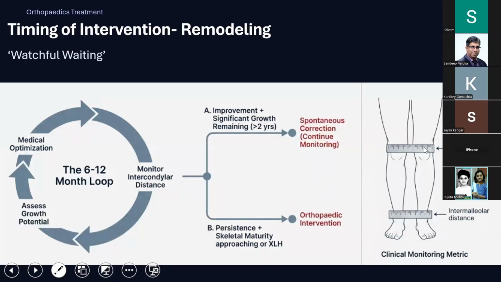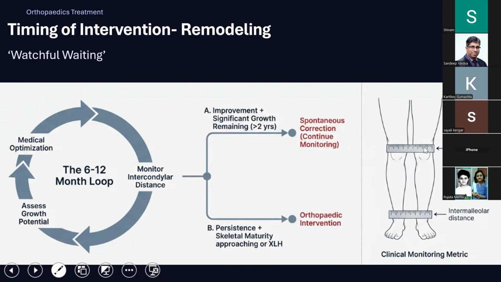In cases where there are chances of remodeling, we try to do what can be called watchful waiting. After monitoring and medical optimization, we should assess the growth potential.